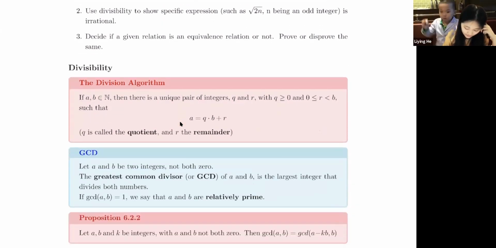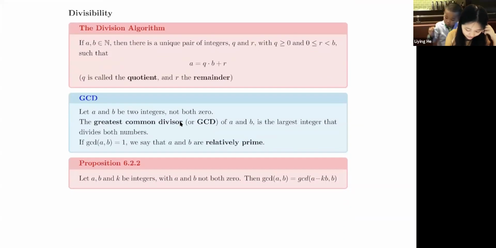So first of all, let's talk about the division algorithm. This should be really simple for everyone because this is basically high school material. So if you have a number A, you can write A as Q times B plus R. Notice that your R has to be strictly smaller than B. That's really important.